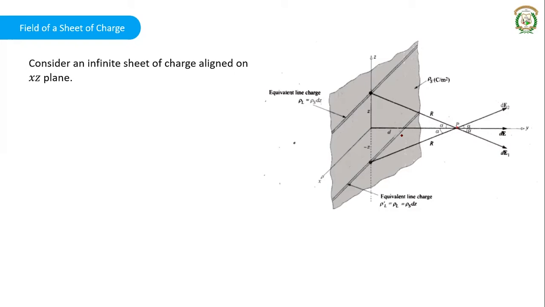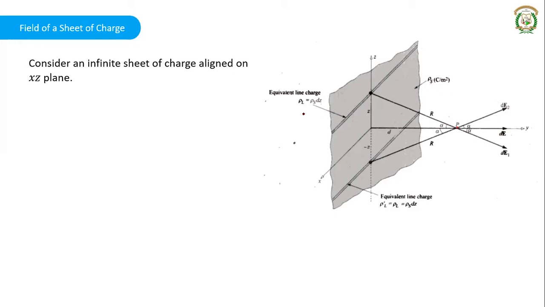This sheet is actually a collection of a number of line charges, right? Let the charge density of the infinite sheet of charge be rho s coulombs per meter square.